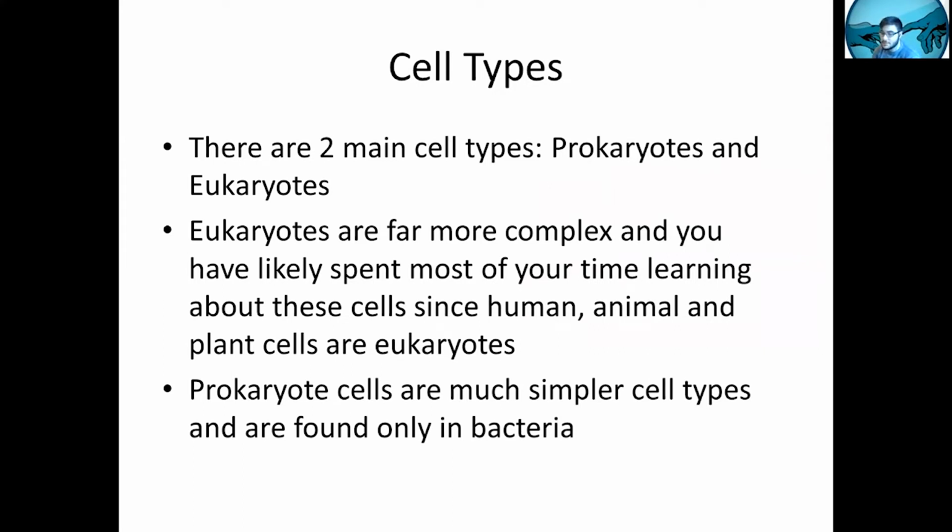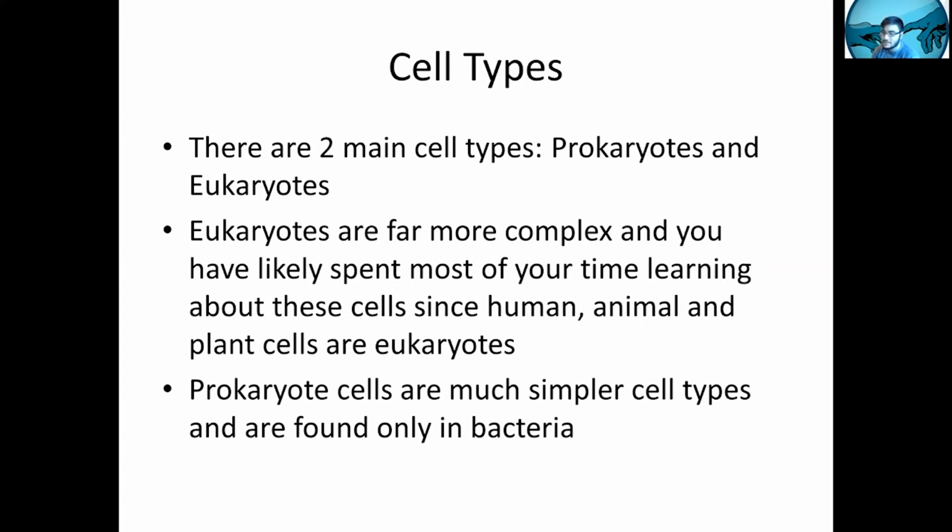Okay. Cell types. There are two main cell types, prokaryotes and eukaryotes. Eukaryotes are far more complex, and you probably spend most of your studying in college and high school learning about eukaryotes, because one, they are more complicated, and two, most of the stuff that we deal with in biology, like humans, animals, plants, those are all eukaryotes.